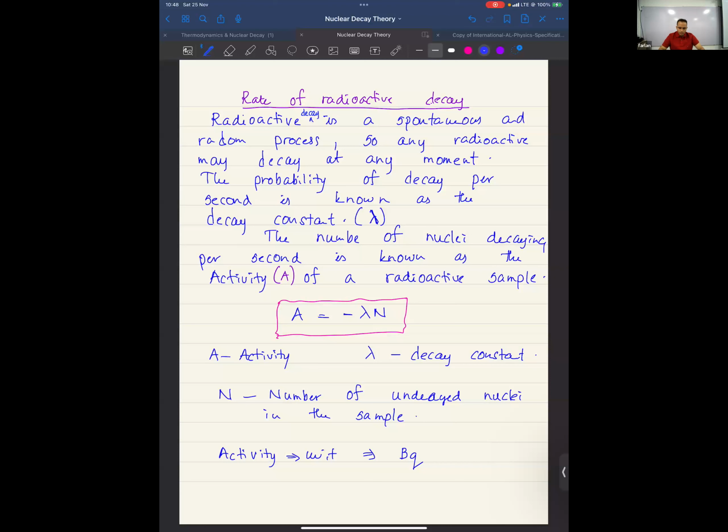So any radioactive nuclide may decay at any moment.